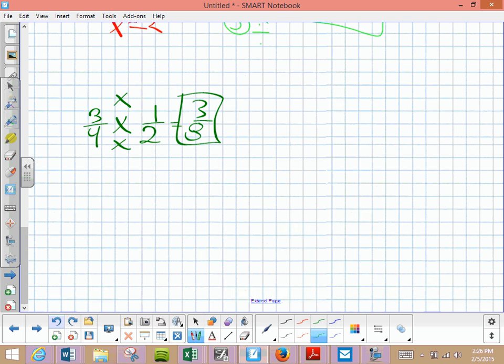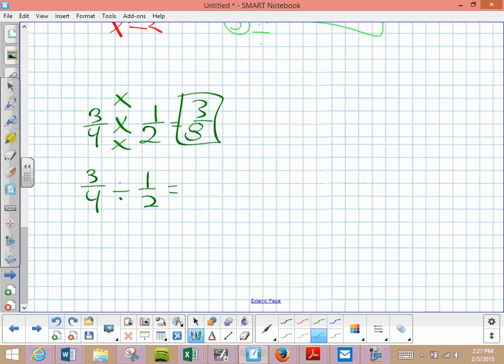Do we have any questions on this? Yes, the answer you can simplify at the end. That's not a big deal. What if you had 3/4 divided by 1/2?